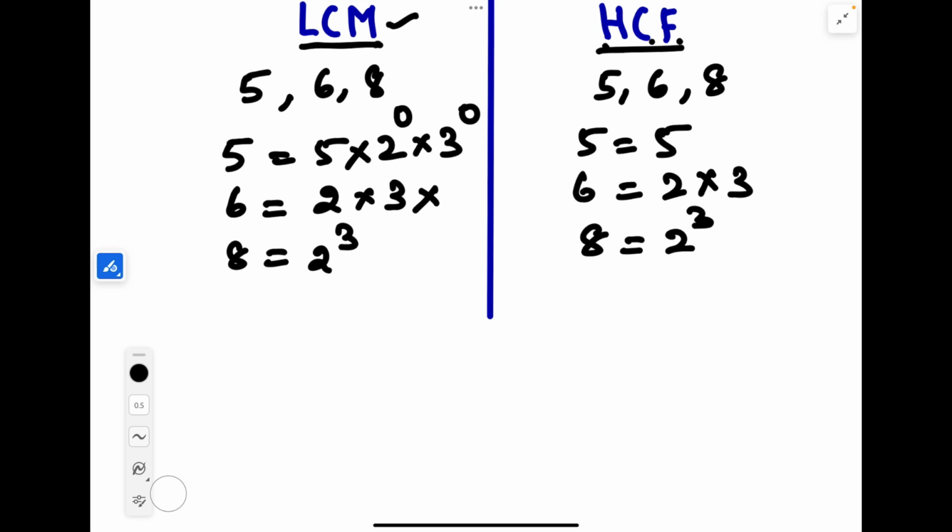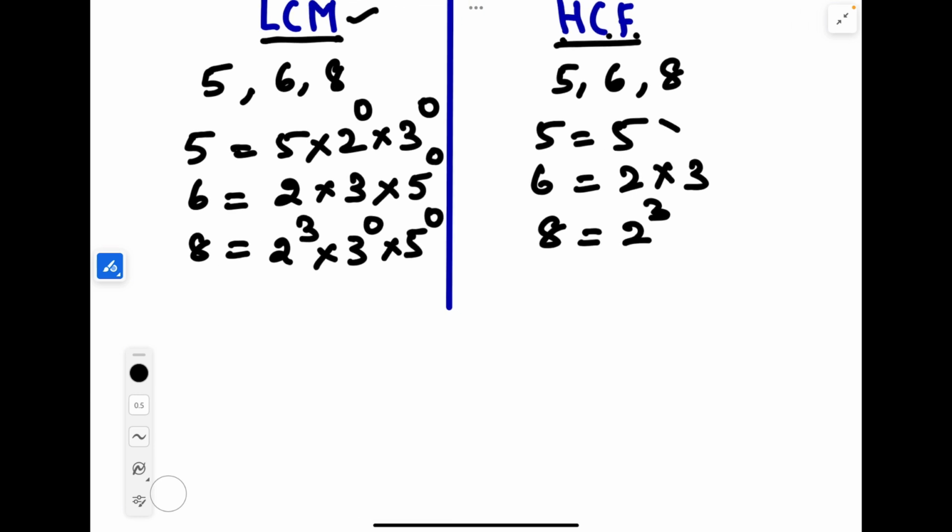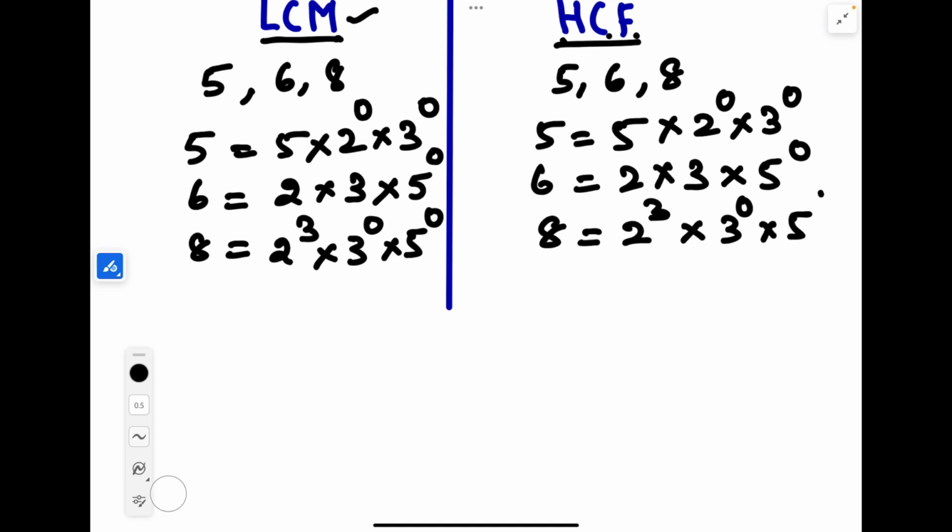Same way here, I don't have 5, so I can write it as 5 power 0. Same way I am writing the others: 2 power 0 into 3 power 0, 5 power 0, and 3 power 0 into 5 power 0.